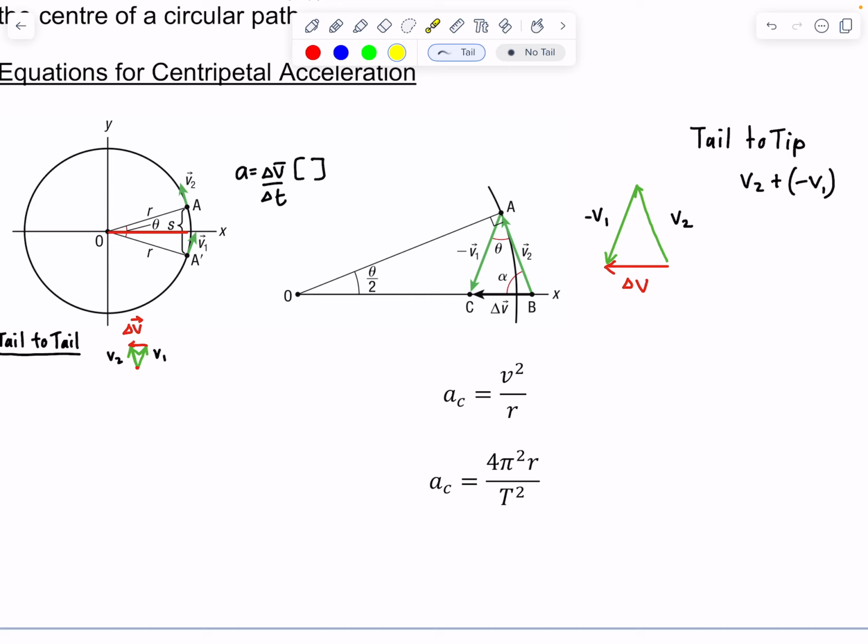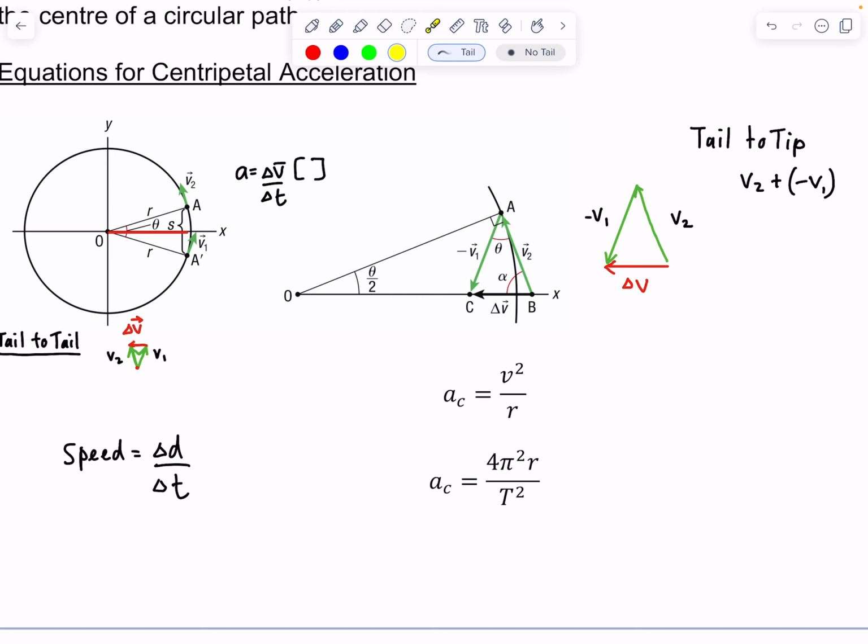Let's examine the equations for centripetal acceleration. As this ball travels around this entire circle, the speed of this ball or object can be calculated using distance over time.